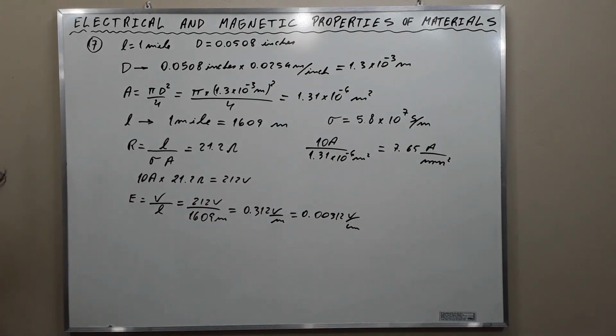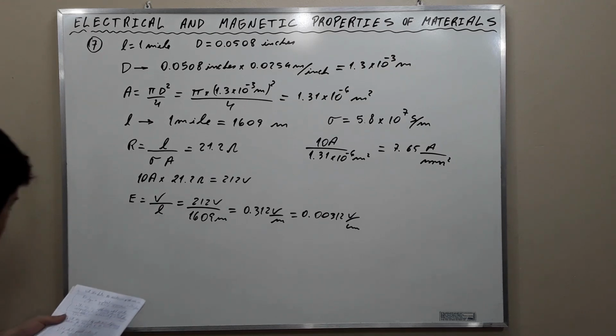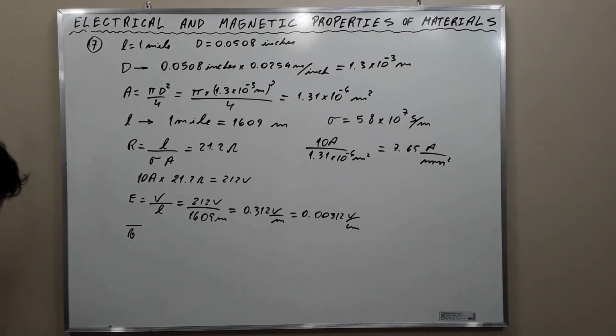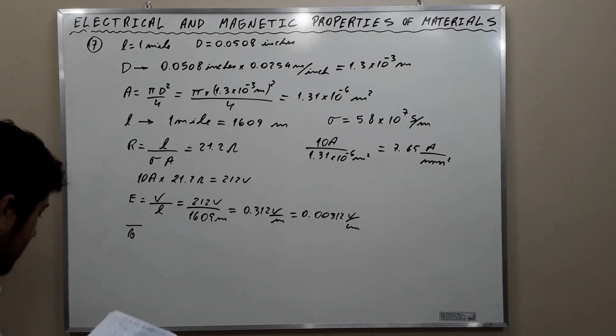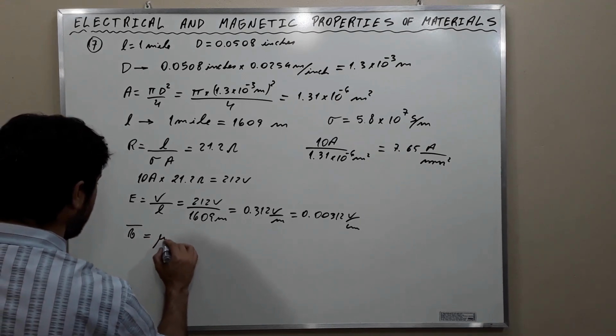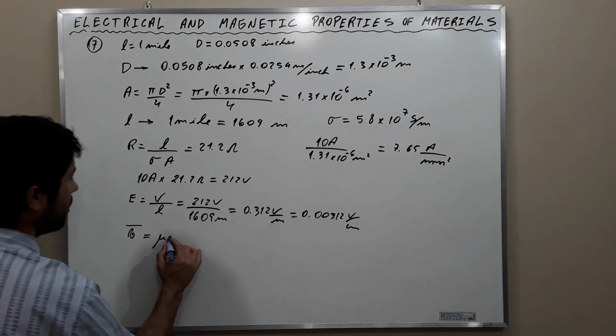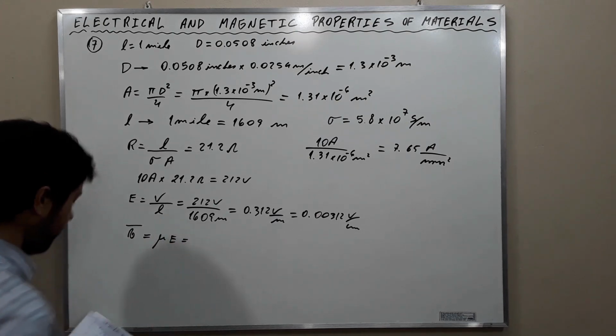We can calculate the drift velocity as well. The drift velocity can be calculated using this expression. The average drift velocity is the mobility of electrons in copper times the electric field intensity.